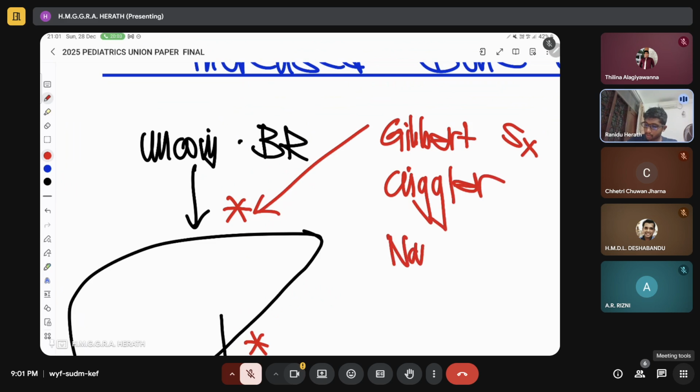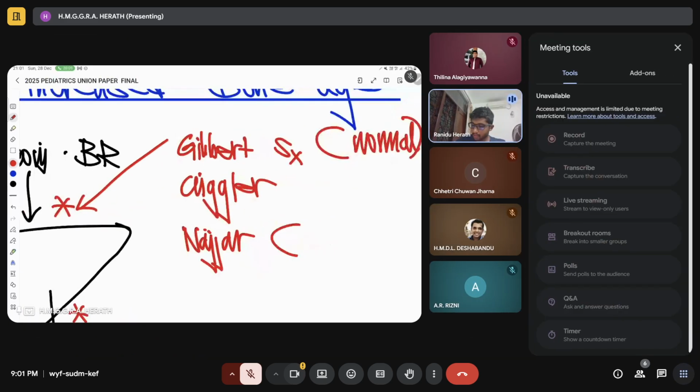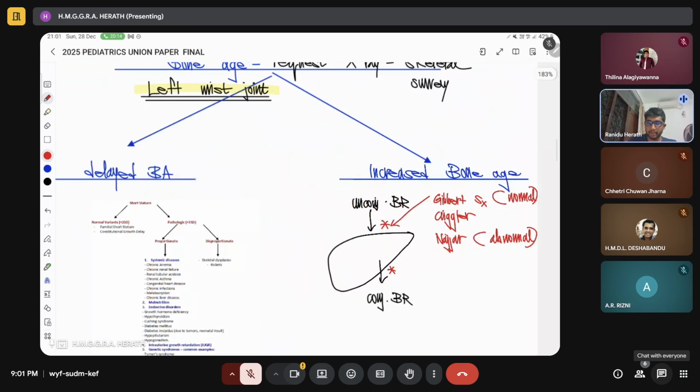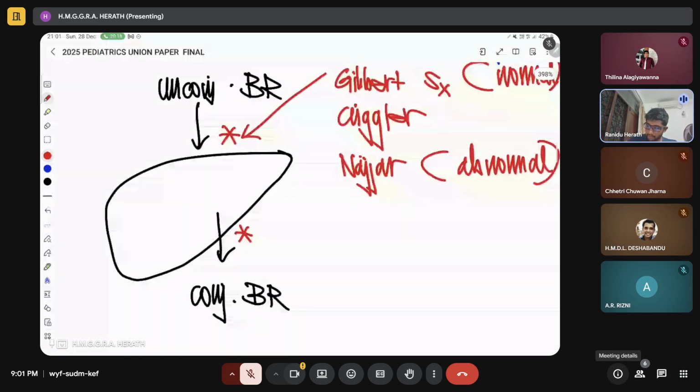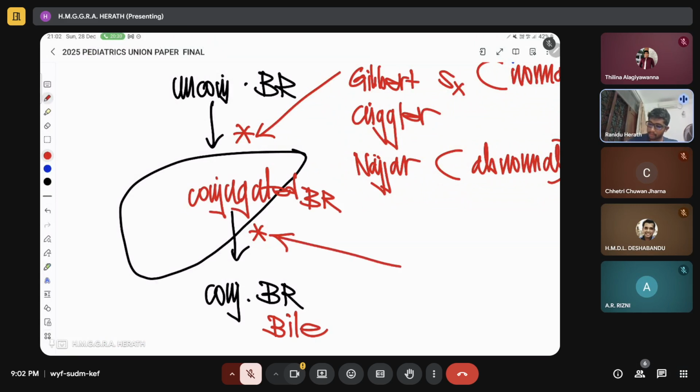Gilbert syndrome is a normal variant. It's not taken as a disease. It's seen in normal people also. But Crigler-Najjar syndrome is always abnormal. Right? The liver can't take in the unconjugated bilirubin. And conjugated bilirubin, when it is formed inside the liver, there are certain disorders which cause inability to secrete conjugated bilirubin into the bile, and it becomes stored inside the liver, and that can cause problems within the liver.